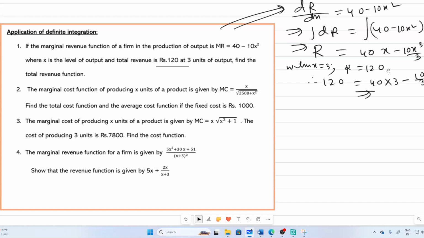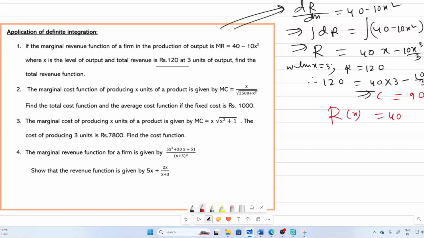This implies that this is plus c. Okay, plus sign is there. So c is going to be equal to 90. Yes, 90. So revenue function R(x) is now 40x minus 10 by 3 x cube plus 90. Alright.